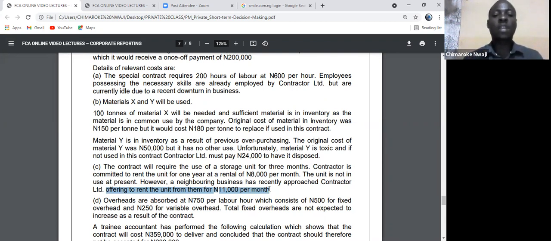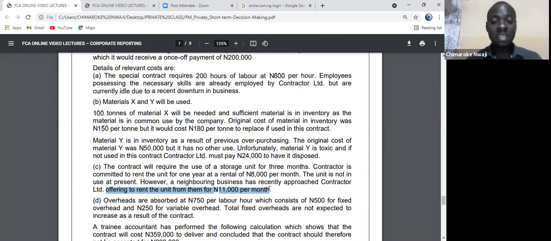The contract requires storage for 3 months. You have a contract to rent it for a year at 8,000 naira. Right now, the people who are in contract with you are not using it. Somebody has approached you to pay you 11,000 naira per month. Now you want to use it.